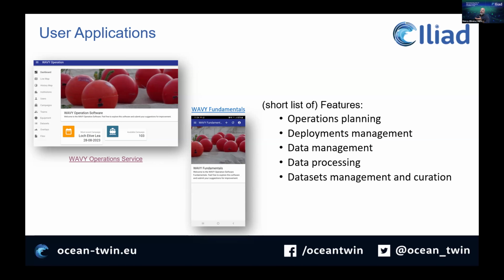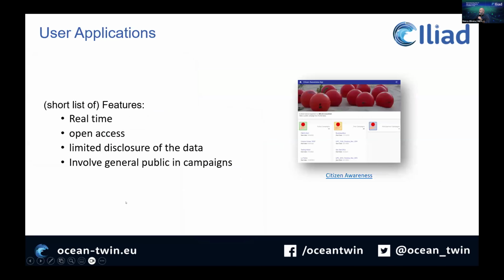That is a small set of these applications, but on your mobile phone. We implement a Wave citizen awareness application. This is done automatically once you define a campaign as public. This allows us to easily start a new citizen awareness campaign from the software system.